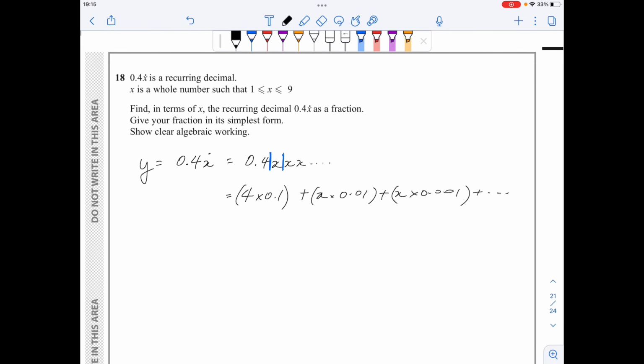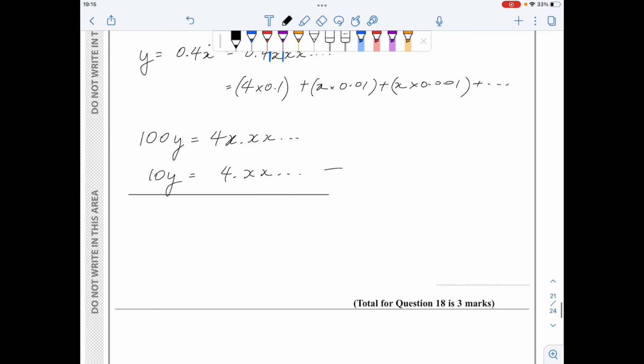So I'm going to have here 100y is equal to 4x dot xx and so on, while 10y is equal to 4 dot xx dot dot dot, and then I can subtract those two and get 90y, 4x minus 4, and everything after the dot cancels out.